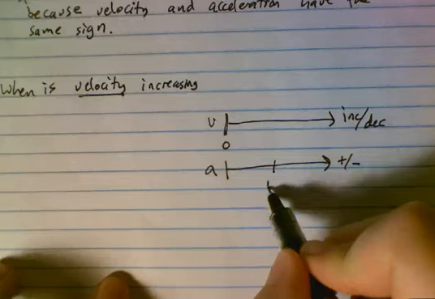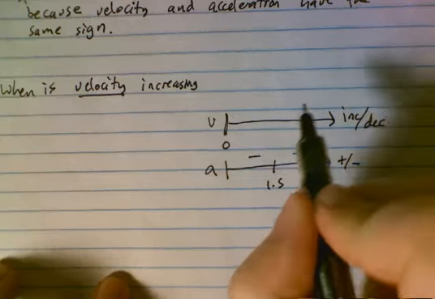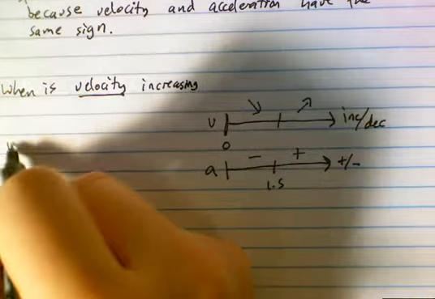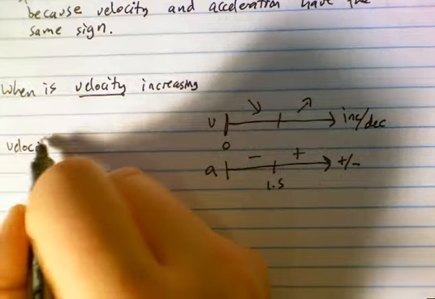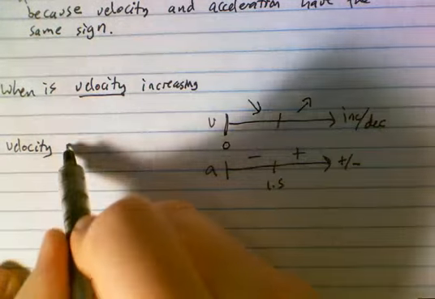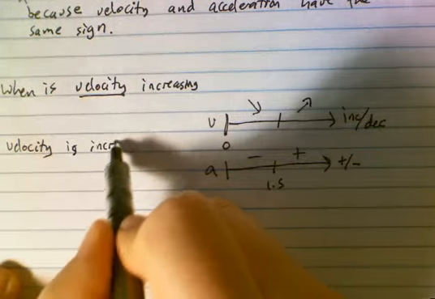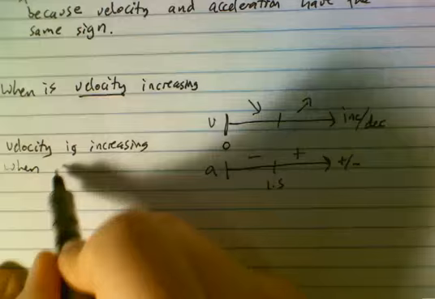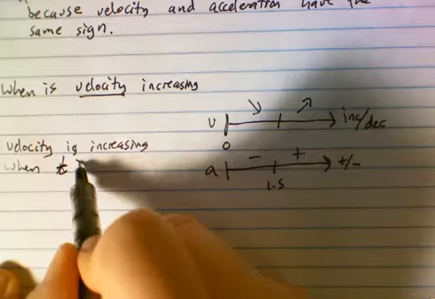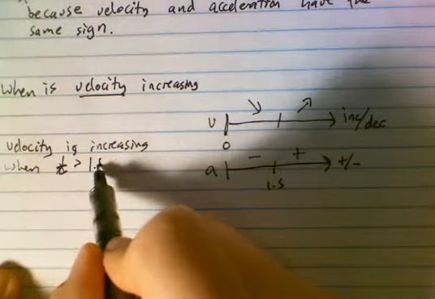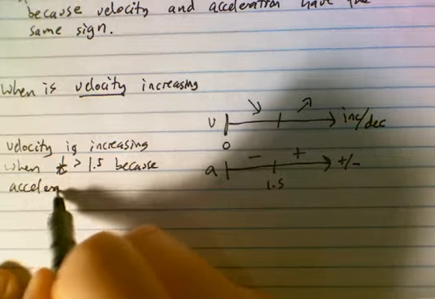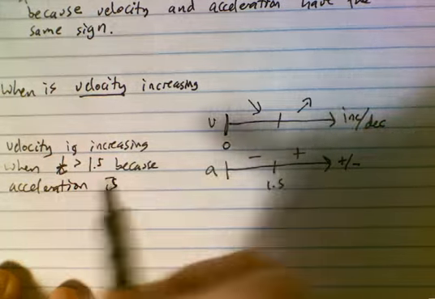That we did right up here. We would say velocity is increasing when t is greater than 1.5 because acceleration is positive.